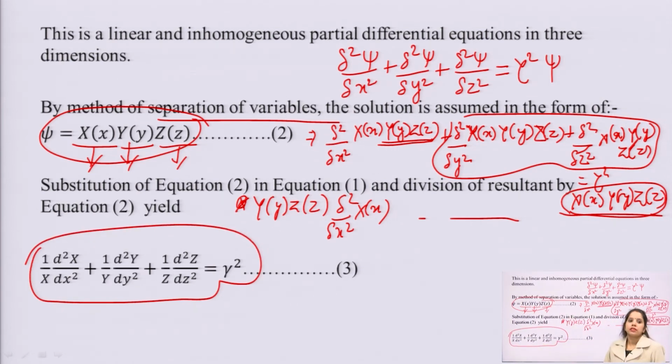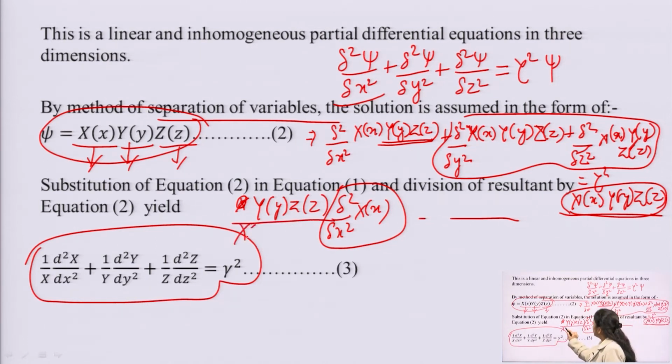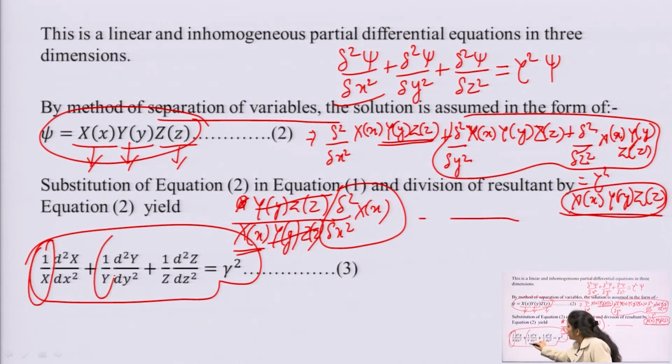First we have to substitute this expression in our equation 1, and after that we have to take the constant outside, and within the differentiation we will take only that function which can be differentiated, and after that we will divide the expression again with X(x), Y(y) and Z(z). So, in the denominator side, numerator nothing, 1 only, and in the denominator X(x), that is why this way. Similarly, you are able to get the complete expression.